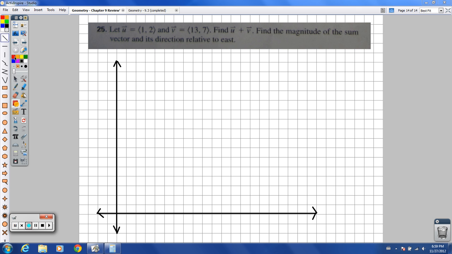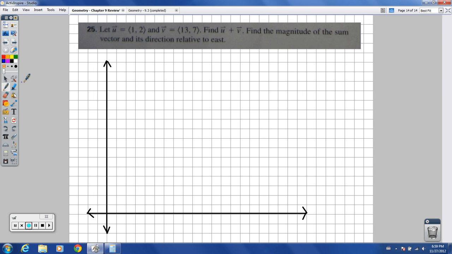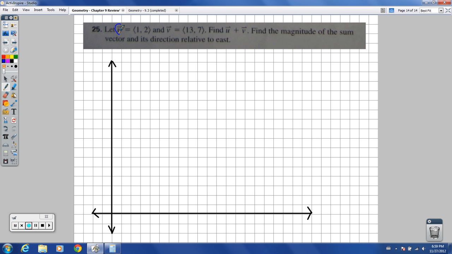So why don't I do this in red? I'll draw, or in blue, I guess. Okay. In blue, I'll do vector u, and vector v in red. And so in blue, I will draw this vector.